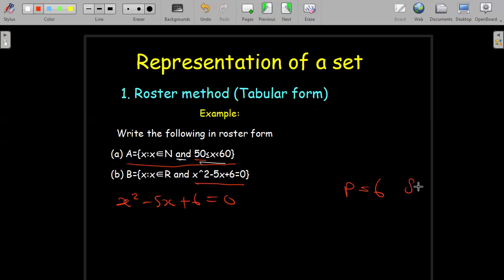Your sum is what is in between here, which is -5. Now the factors: when we add, we should get -5, but when we multiply, we must get 6. What two values are those?